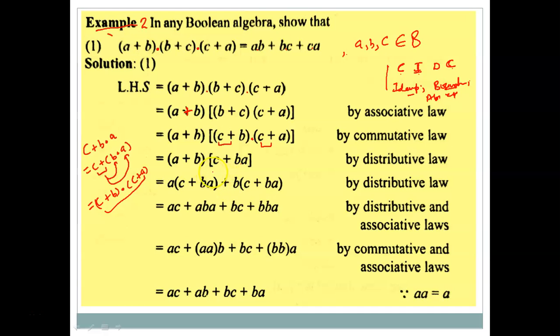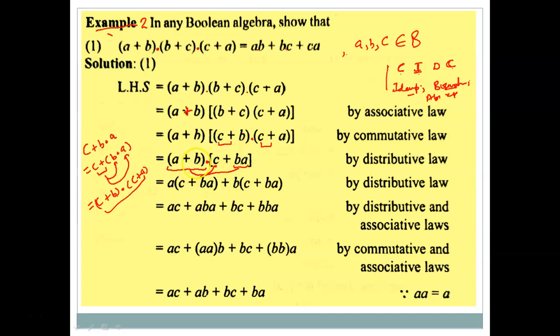So now here again is dot, and we can distribute this dot operation. Again we apply the distributive property. Earlier we distributed plus over dot; now we are distributing dot over plus. So the whole thing will come with c, and the whole thing will come with this ba.